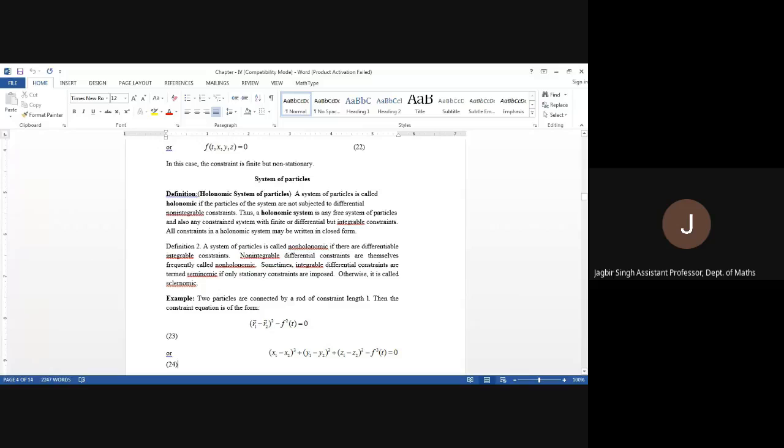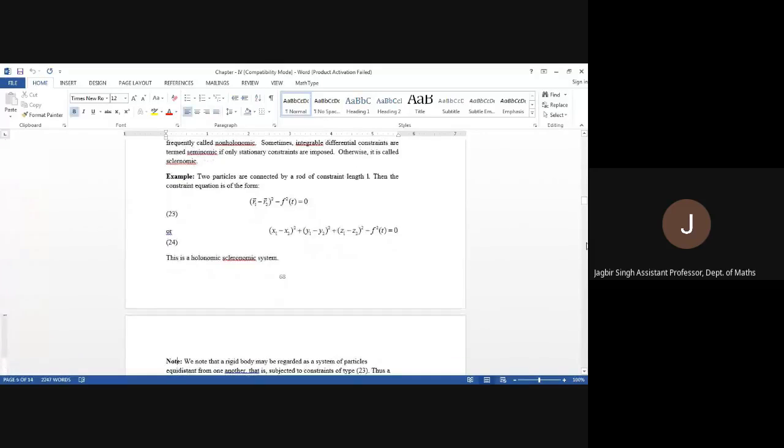Okay, so a non-holonomic system is a system of particles on which differential non-integrable constraints are imposed. Now we have an example. In this example, two particles are connected by a rod of length L. Then it is left to move.